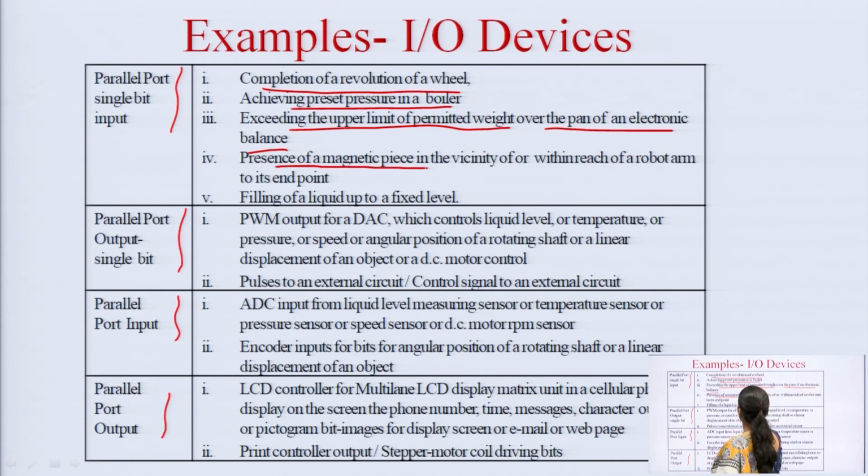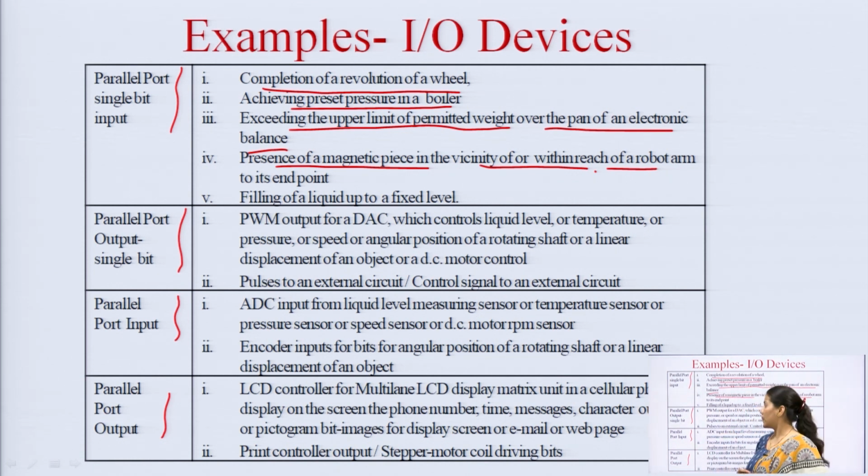Presence of the magnetic piece within the reach of a robot arm to its endpoint, filling of a liquid up to the fixed level. So, in all these examples we can see that there is an upper limit and the data is communicated bit by bit, that is a single bit input.